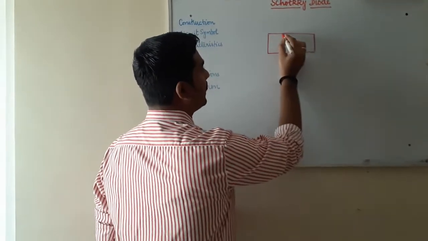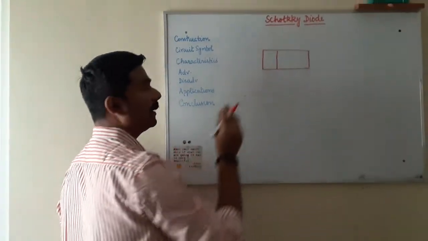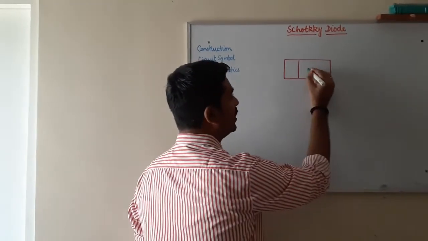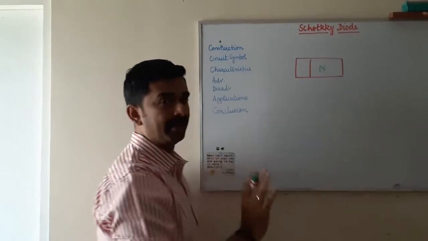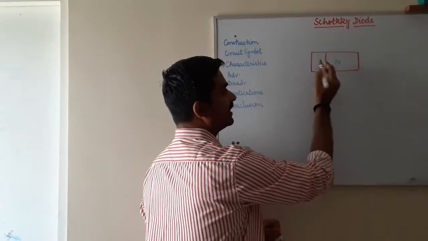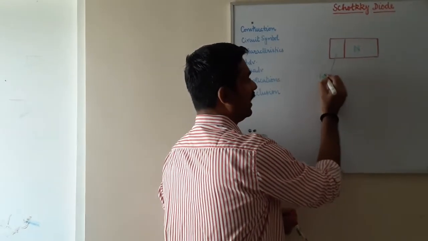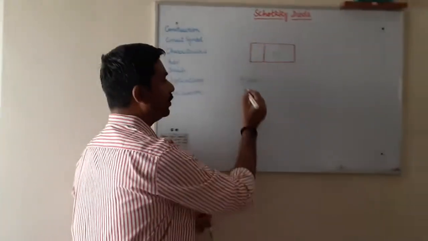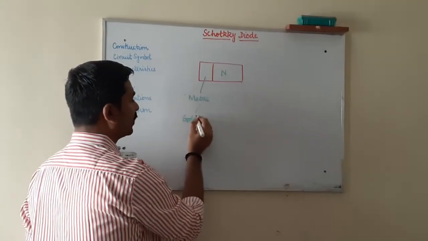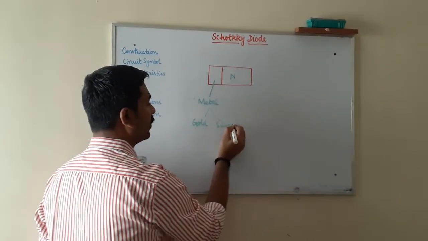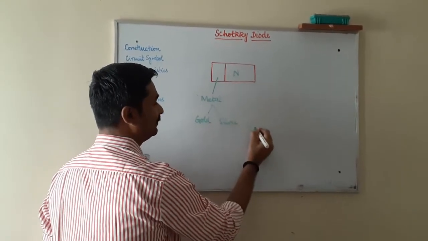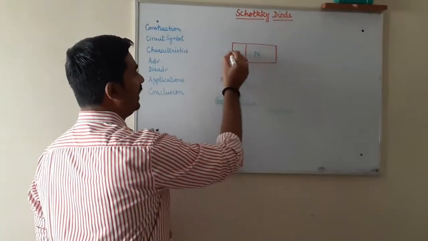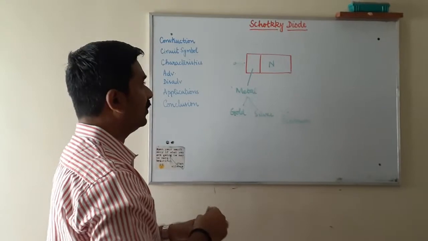You are going to obtain the Schottky diode by joining a doped semiconductor region, usually an N-type semiconductor, with a metal, right? So this metal could be either gold or silver or platinum. Right? இப்படி கொண்டு வந்தீங்க அப்படின்னா இது வந்து ஒரு Schottky diode.